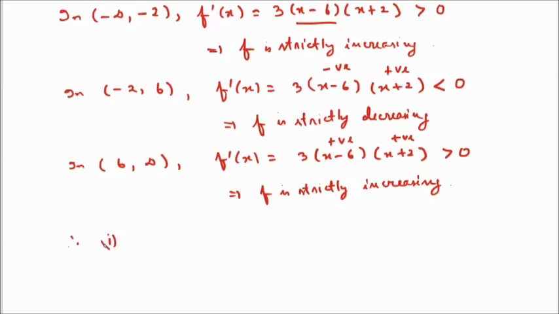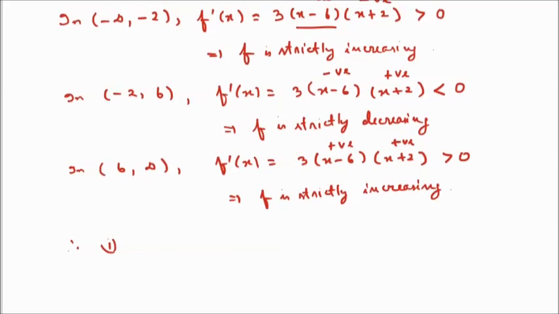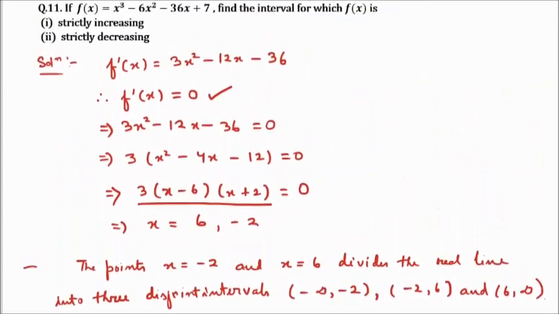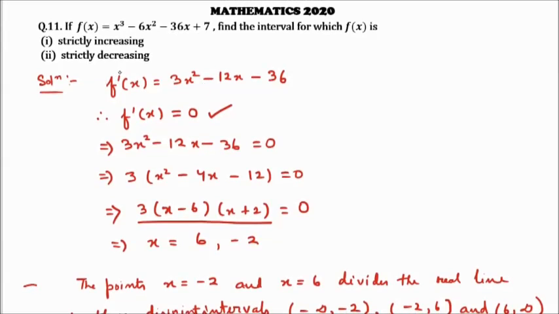Therefore, number 1, f is strictly increasing, and number 2, f is strictly decreasing.